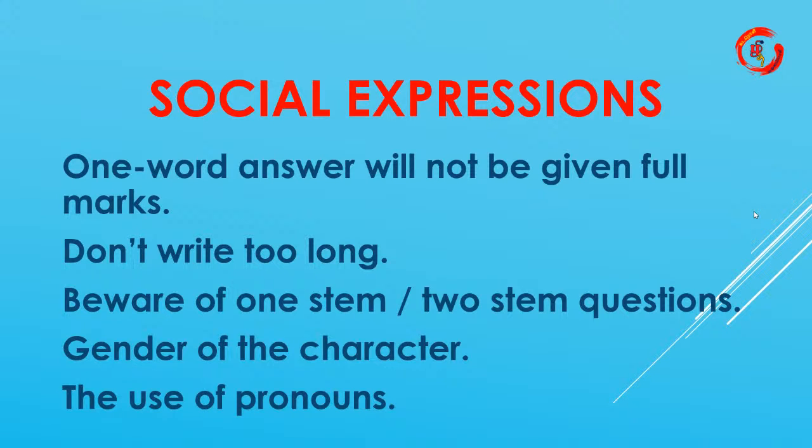Okay, this is two stems, isn't it? First, they are asking where, and then they're asking you to show or tell the direction. So this is two stems. If you are required to give two pieces of information, it means two stems. So make sure you read the social expression given. Read properly and try to understand. After that, it will be easier for you to write your response.